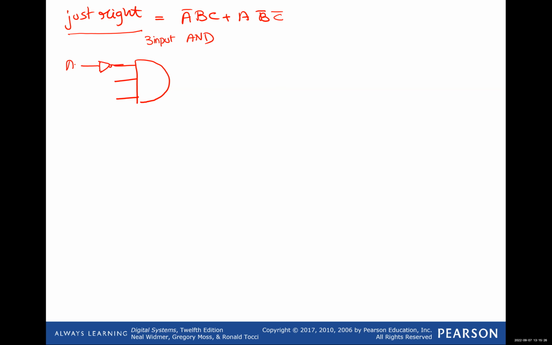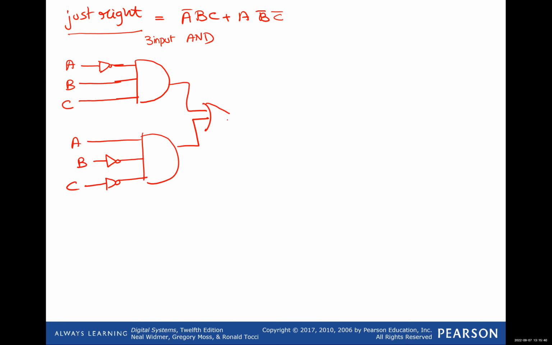This is going to be the A, and then this is going to be the B, the C. And the other AND is just going to have the A as is, but it's going to be complementing the B and C before entering. And then you have the OR gate. Okay, so this is one way, which means that you need to include on your board a 3-input AND gate. Okay, go look up the number for that one and find the 3-input AND gate.